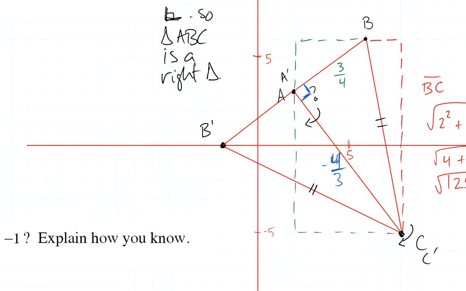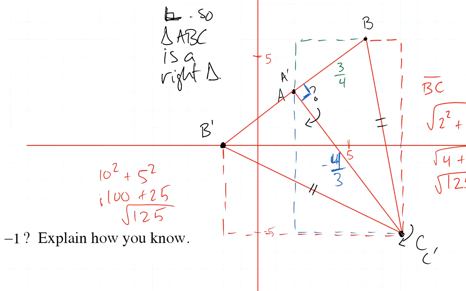Let's do the same thing with this other segment, from B prime to C prime. That's 1, 2, 3, 4, 5 units long, and this is 1, 2, 3, 4, 5, 6, 7, 8, 9, and 10 units long. So I think I've got a 10 squared plus a 5 squared, which is 100 plus 25, which is 125.